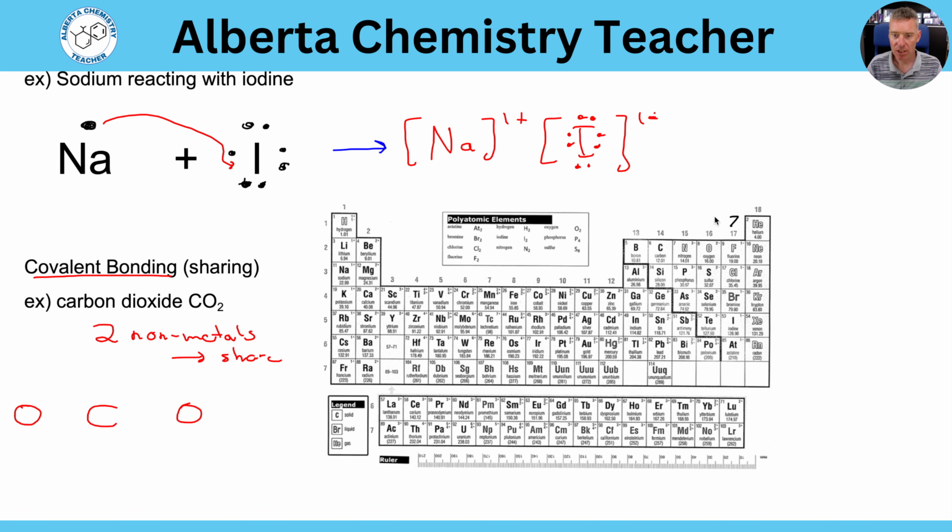So oxygen is in group 6. So 1, 2, 3, 4, 5, 6. And our carbon is in group 4.